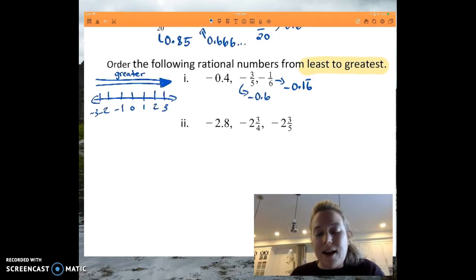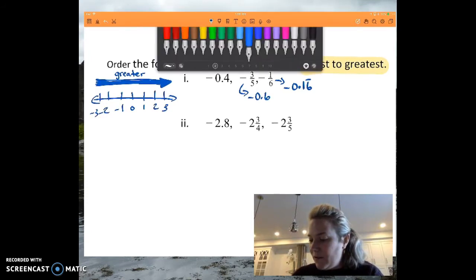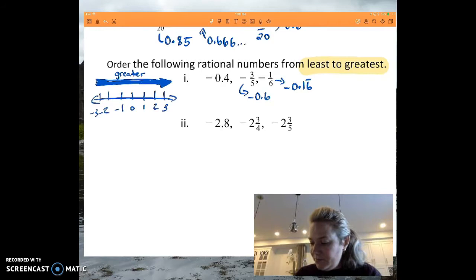So what you really want to ask yourself is, which of these negative numbers are the closest to 0? Let's put the negative numbers on here. Okay, so we've got negative 0.6, negative 0.4, and negative 0.16.